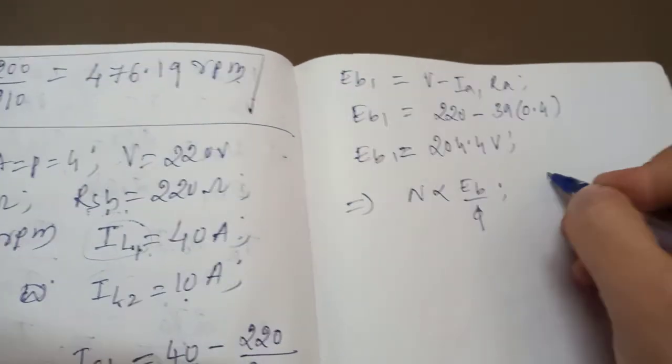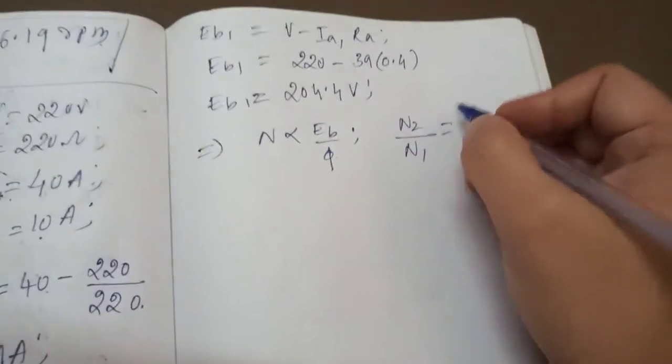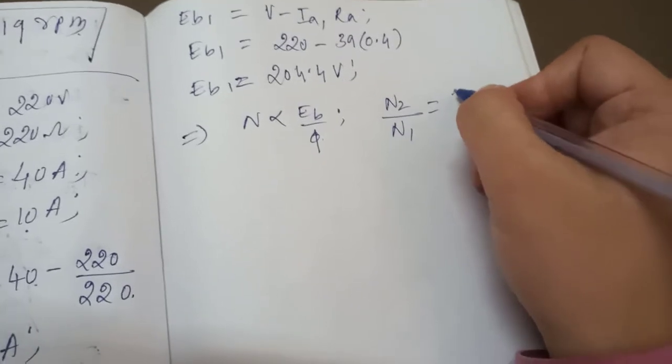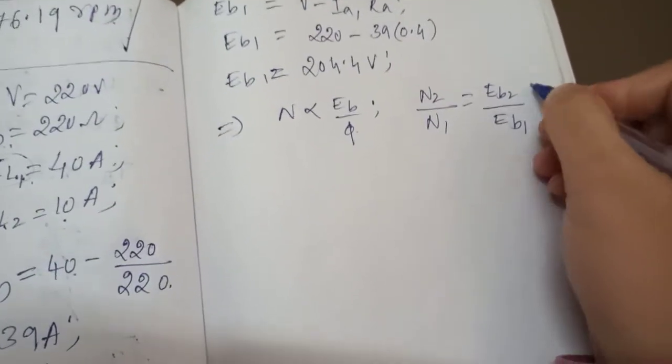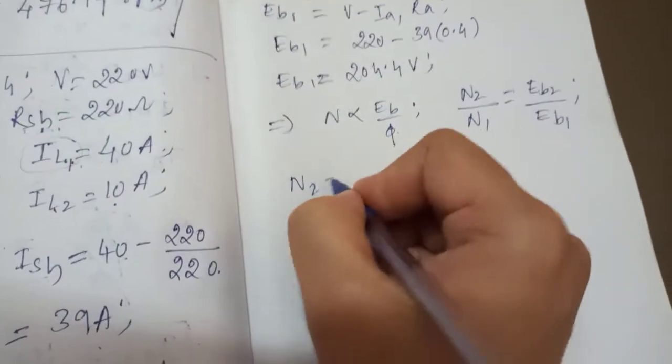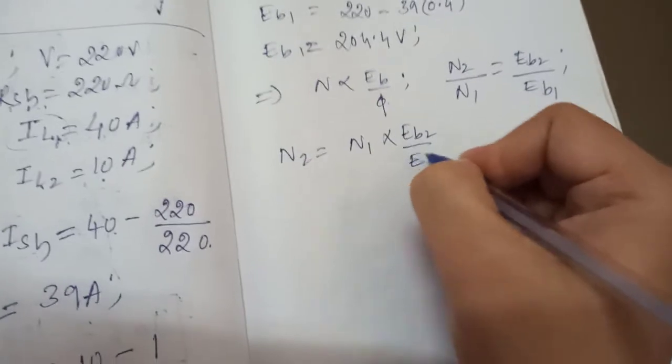Phi is constant, because it is a shunt motor. So N2 by N1 is equal to EB2 by EB1. So N2 is equal to N1 into EB2 by EB1.